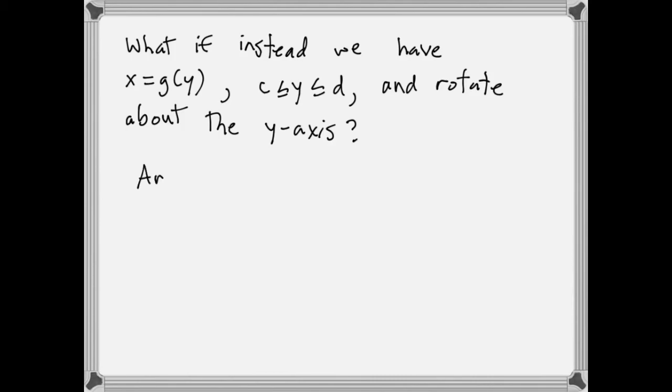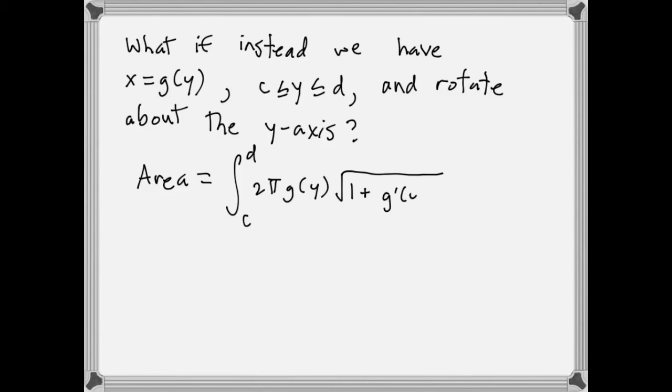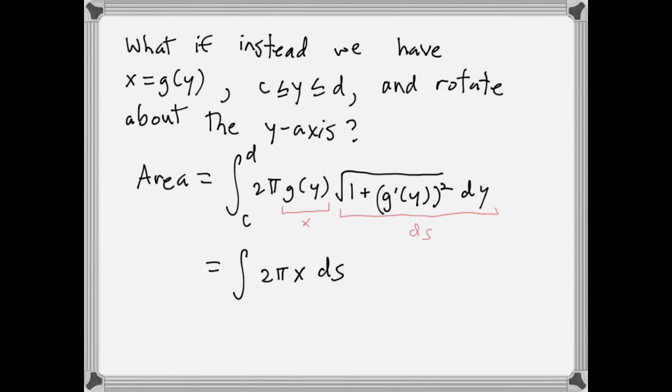Then that means that the area is going to equal, it's very similar, it's going to be 2 pi g of y times the square root of 1 plus g prime of y squared dy, or if we want to write it with shorthand, right? We know that this is x, and we know that this whole thing is another way of writing, again, ds. We have 2 pi x ds.